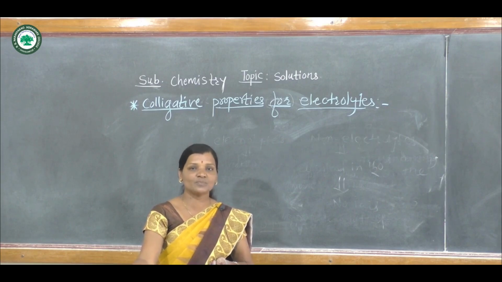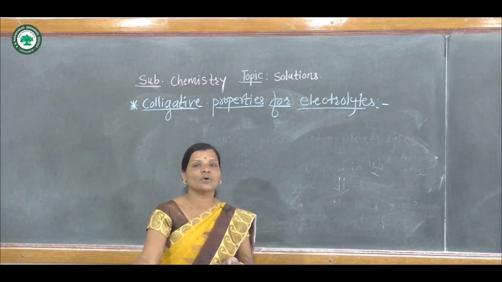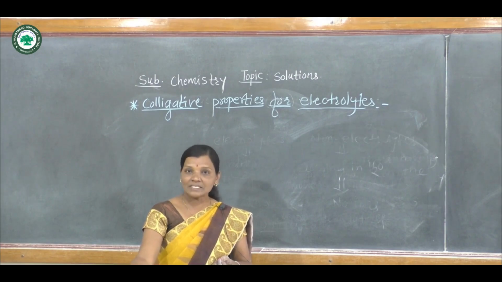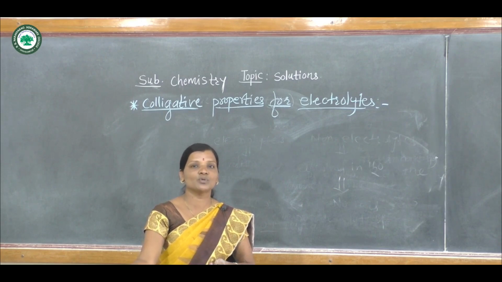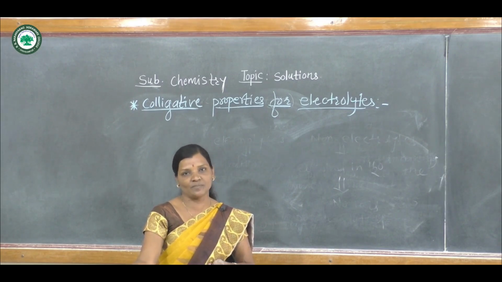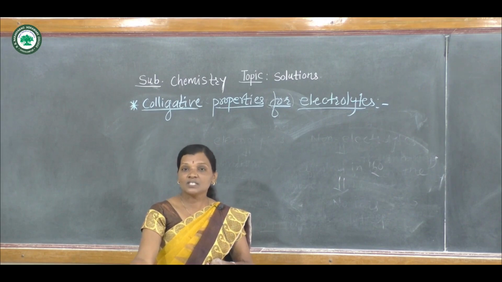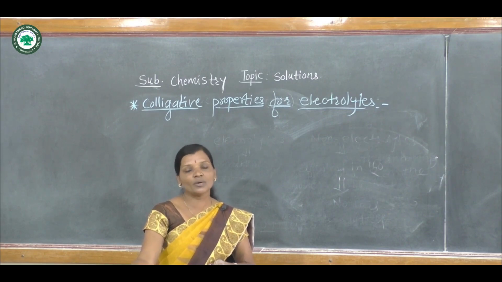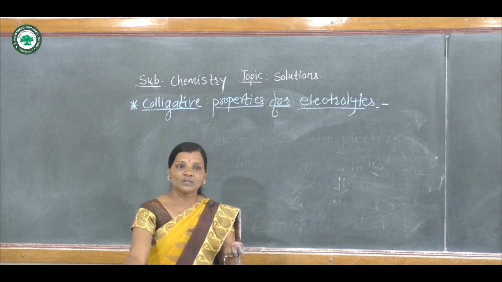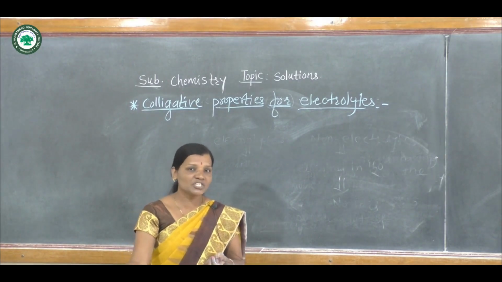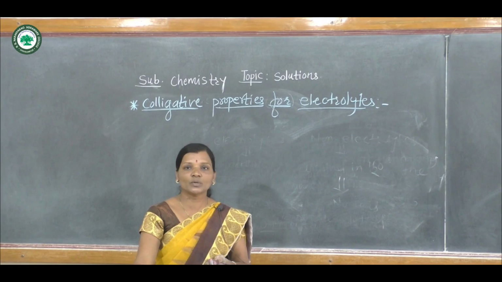A colligative property is a property of the solution which depends upon the number of solute particles present in the solution. These properties are also exhibited by electrolytes, but they do not obey the relations of non-electrolytes.